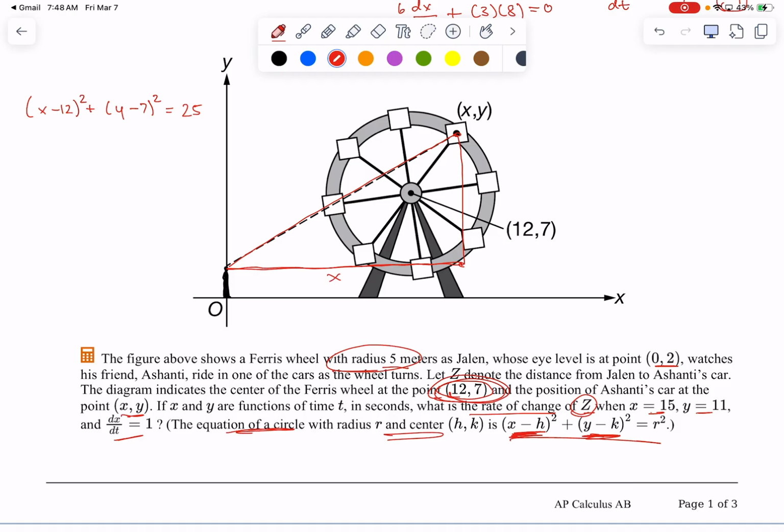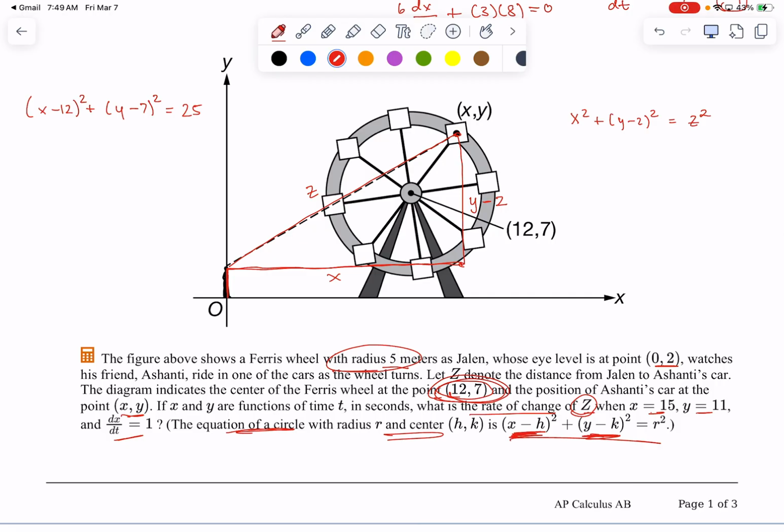But your y distance is going to be up to here, so the y distance actually is not y. It's actually y minus 2. And then you have your distance z. So your z equation is going to be x squared plus (y minus 2) squared is equal to z squared. So we want to figure out how z is changing.